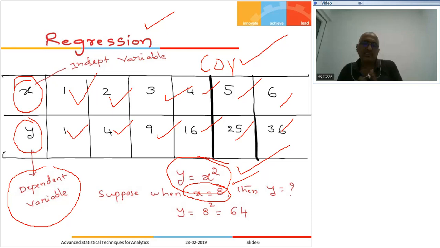Now I think it seems very easy, right? Just try to establish a relation so that we can do the estimation, predictions, etc. Are you able to see any difficulty in doing this? Is there any problem in using this concept?